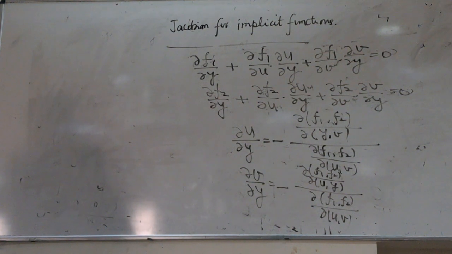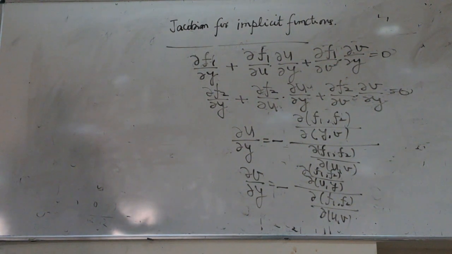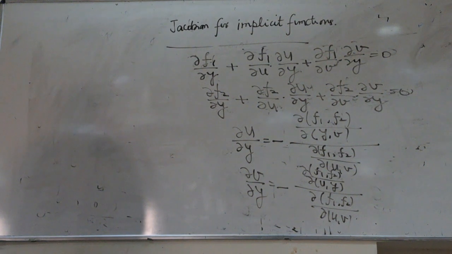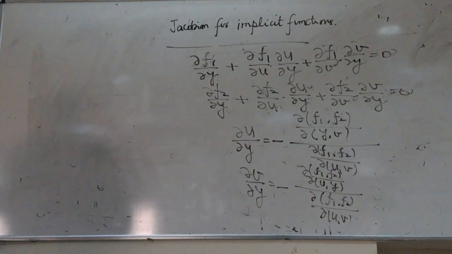Only what is changing in the numerator is the Jacobian of f1 f2, that is same, but with respect to different combinations. For del u over del x, this will be x and v. Similarly, for del v over del x, it will be with respect to u and x.